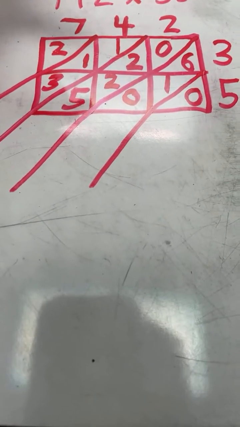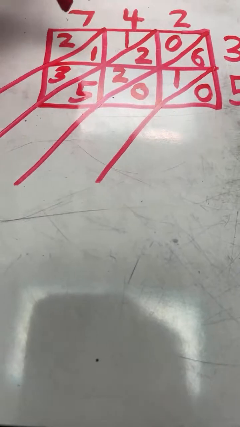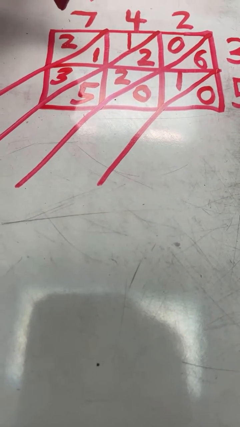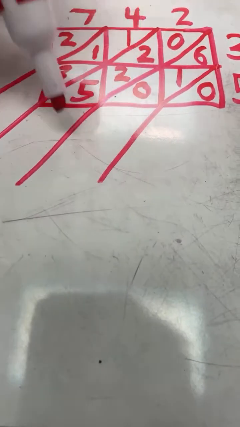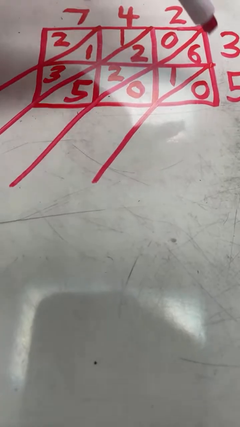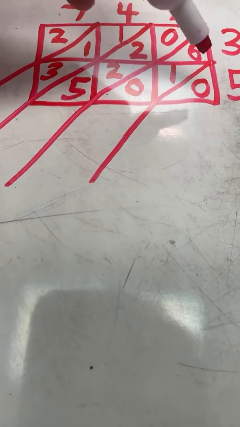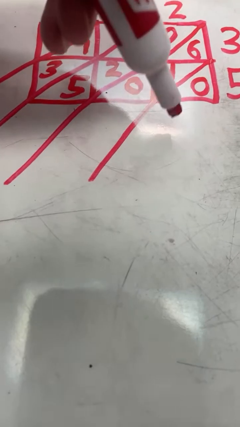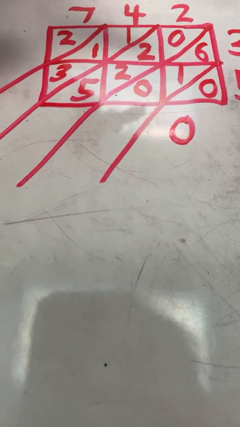Next, we have to add all the numbers that are inside the square together, and we're going to add them going along these different diagonal lines. So along this diagonal line, we only have one number that's in the square, and it's 0, so we're going to put a 0 down here.